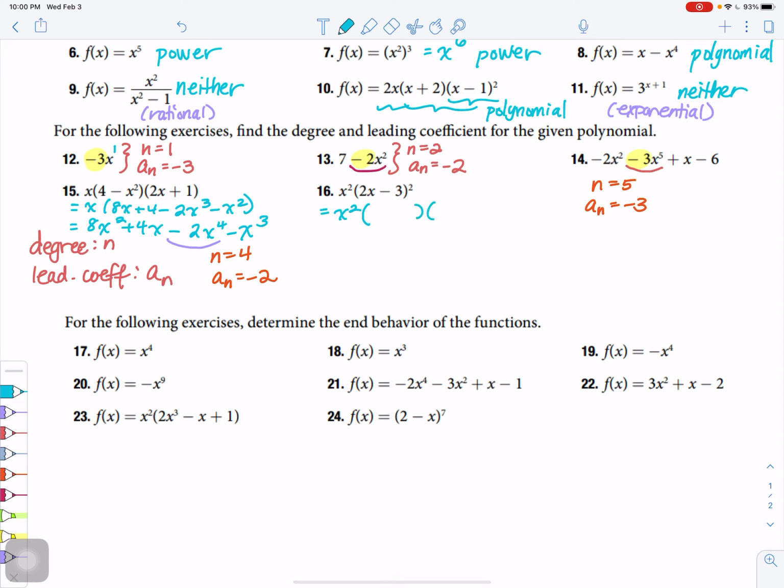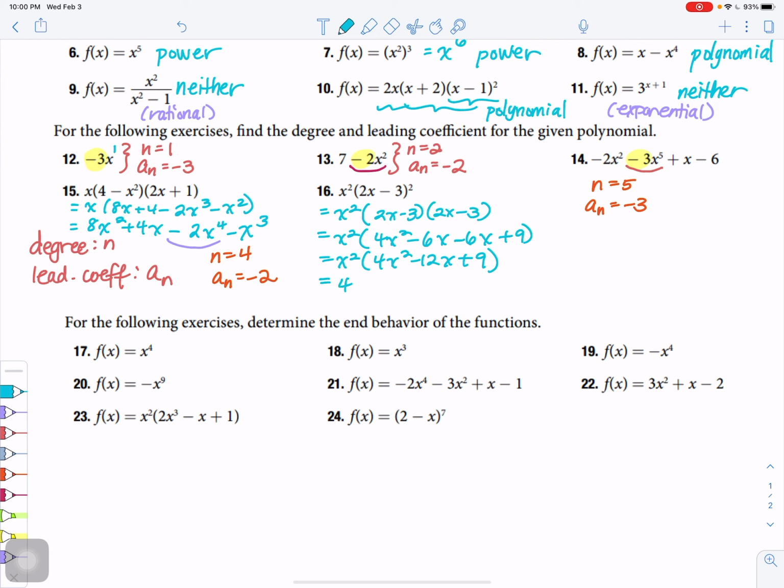So we're going to multiply 2x minus 3 multiplied by 2x minus 3. We get 4x squared minus 6x plus 9. Let's go ahead and take a simplification step, combining the outer and the inner.